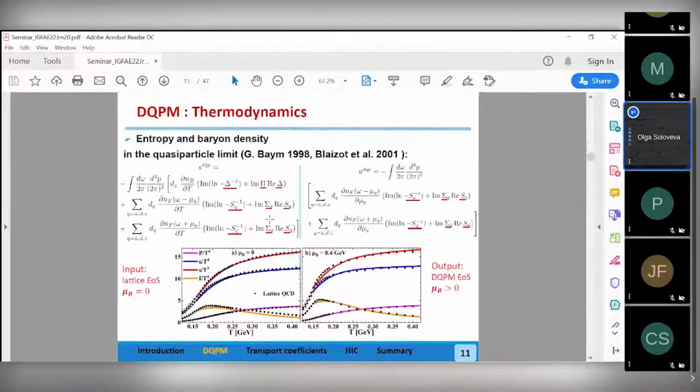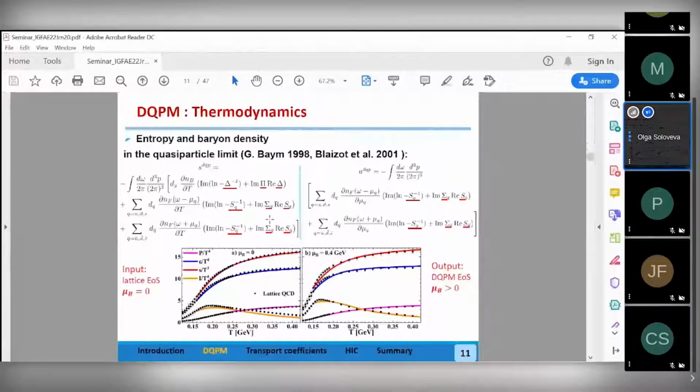Here, for example, is the formula for entropy density and baryon density in the quasi-particle model, where it is constructed with self-energy and propagators, which can be easily formulated on the basis of the masses and the widths, as shown before.